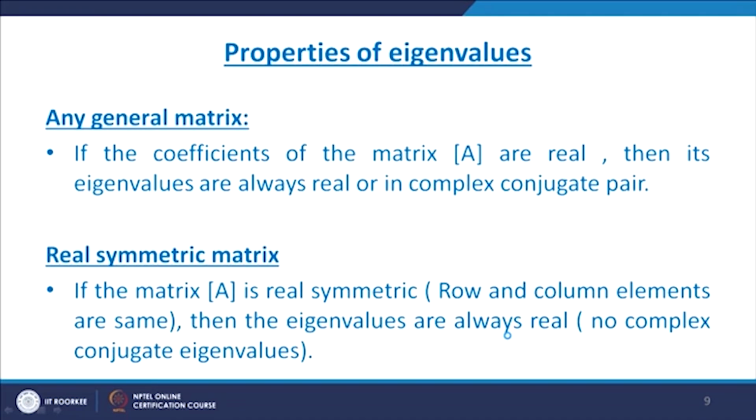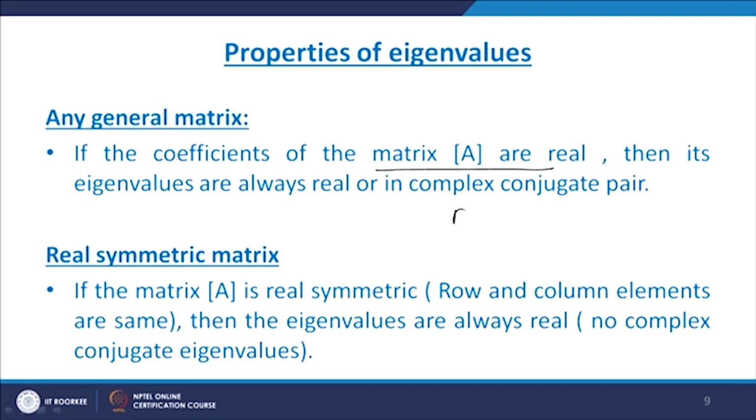Now we have to see some properties of eigenvalues. First, for any general matrix, if the coefficients of the matrix A are real, then its eigenvalues are always real or complex conjugate pairs.